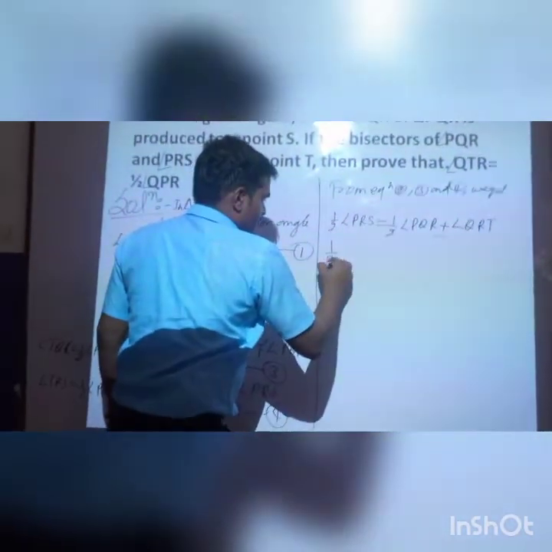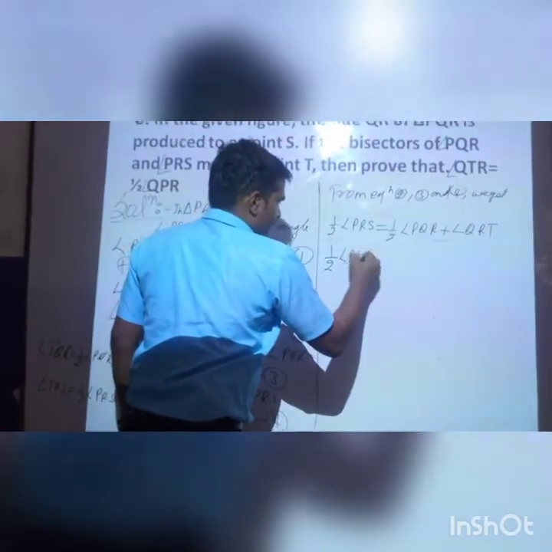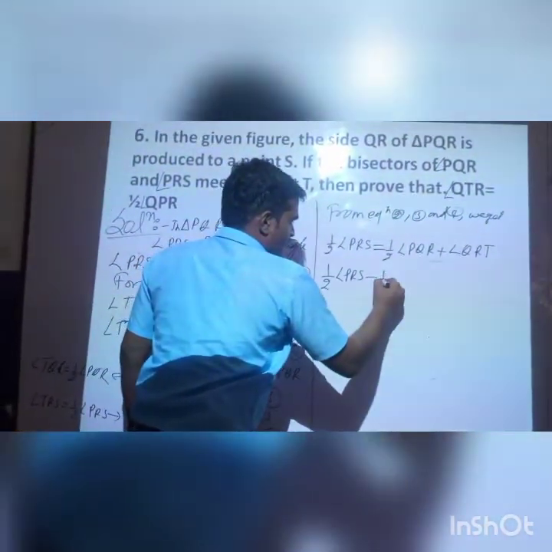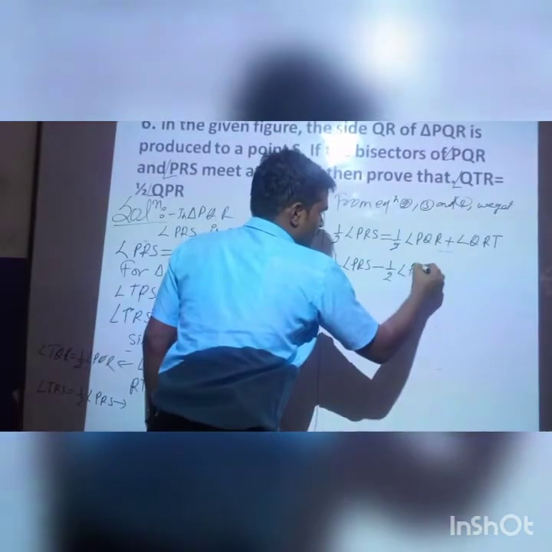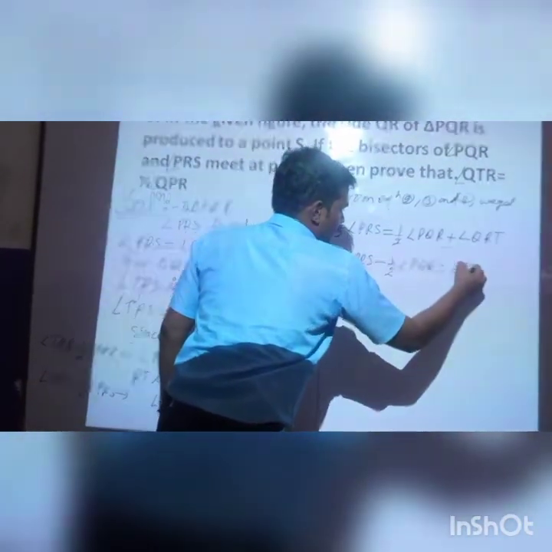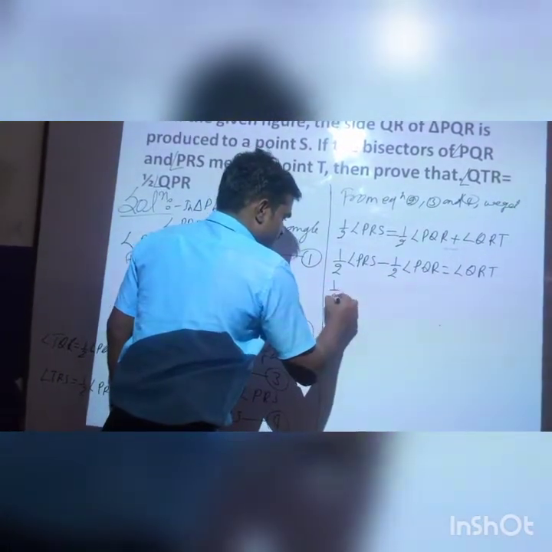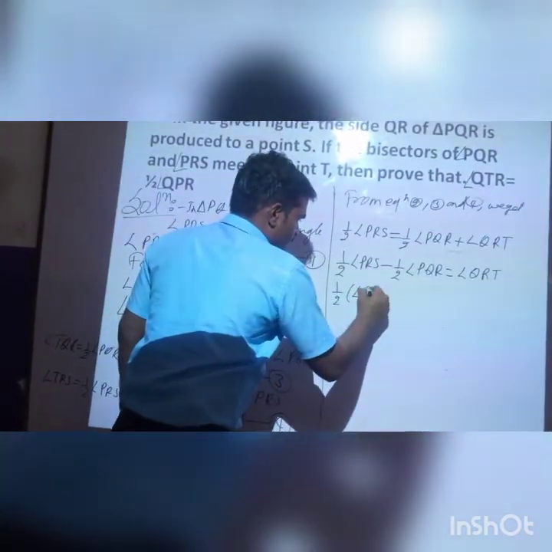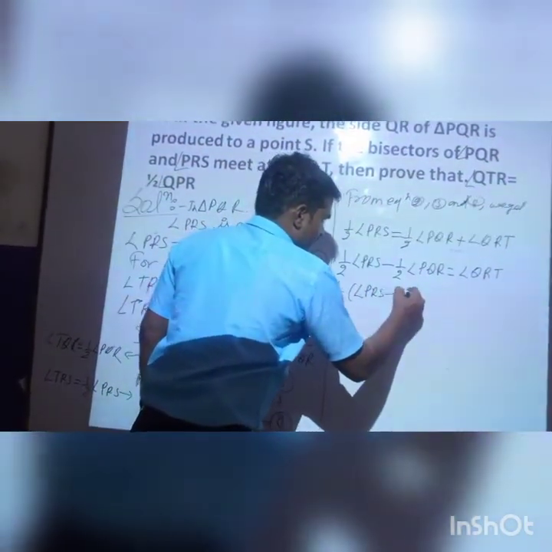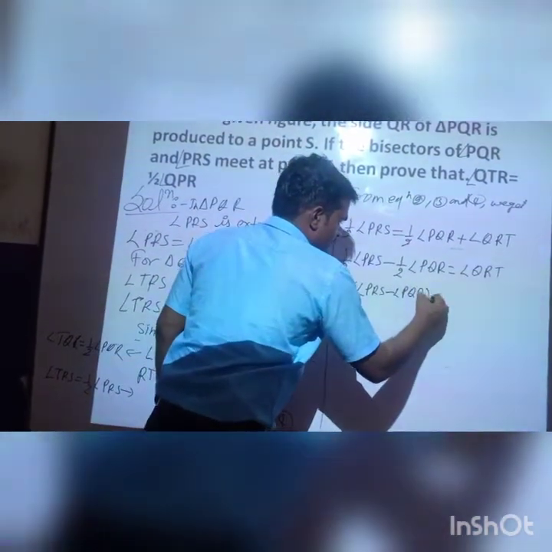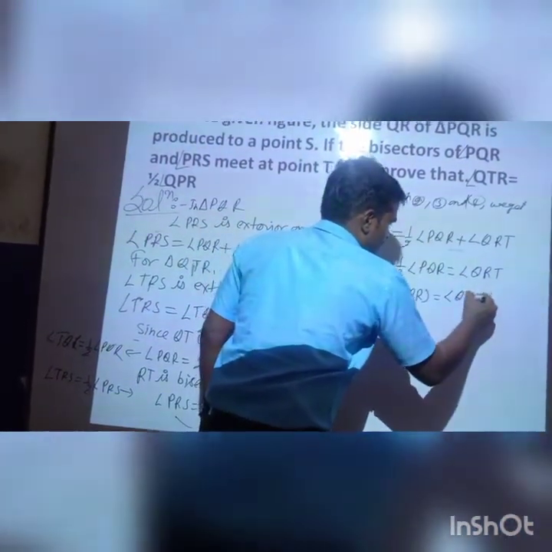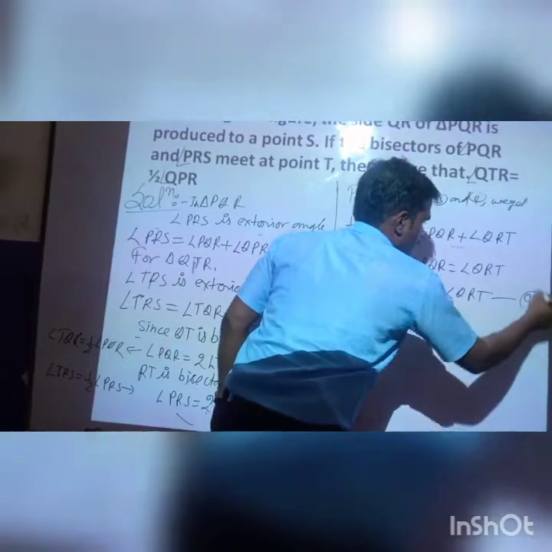So we get 1 upon 2 angle PRS minus 1 upon 2 angle PQR is equal to angle QTR. Now 1 upon 2 is common, so we get 1 upon 2 of (angle PRS minus angle PQR) is equal to angle QTR. This is equation number 5.